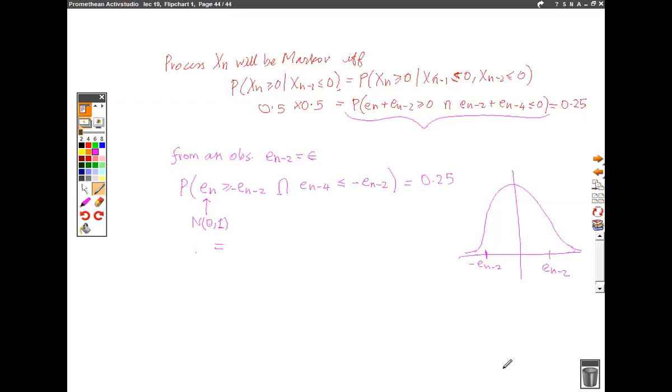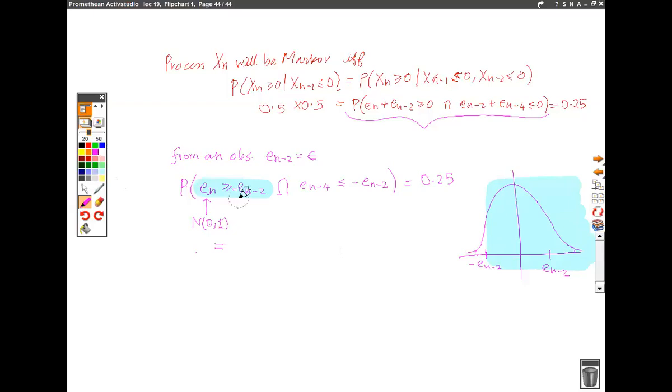So the first probability is the fact that I observe an En which is higher than this value. So when I'm talking about that part, I know I'm looking at this region, right? The chance that it takes a value greater than that.